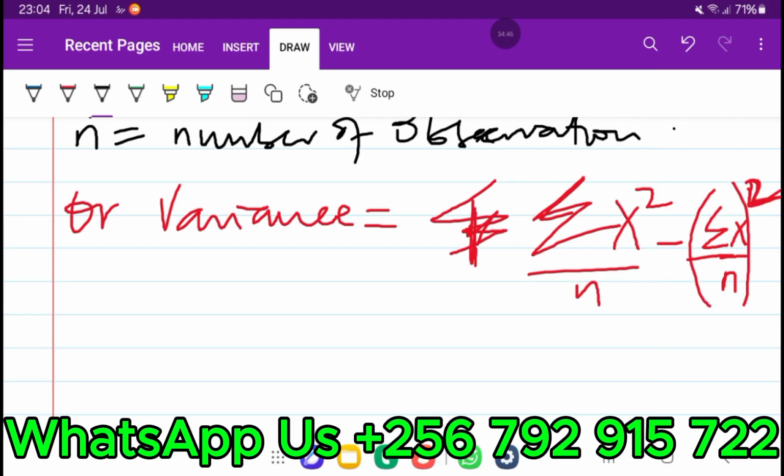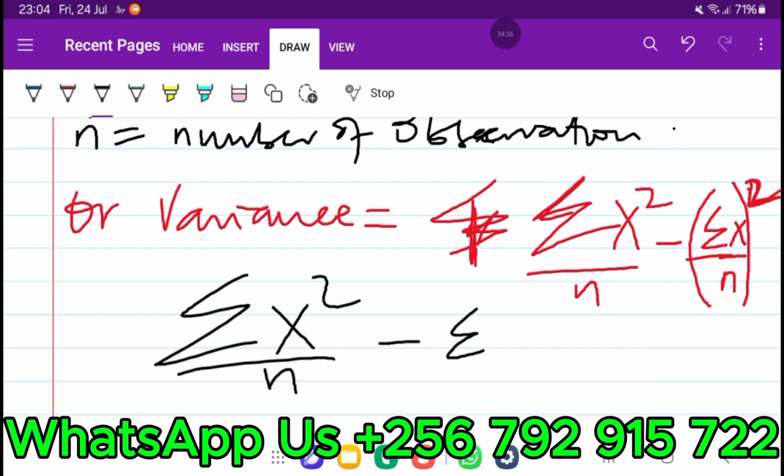So these two formulas, once you use them, the summation x squared over n minus summation x over n, the whole of it, bracket squared. So this is mean squared. It's like having mean squared. Any of those two, as long as you are dealing with a population, those two formulas give you the same answer.